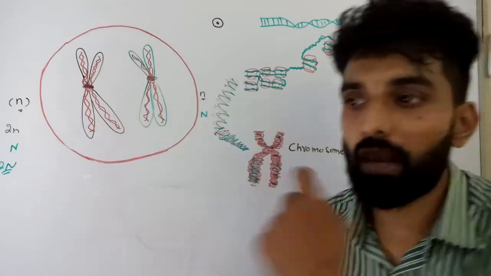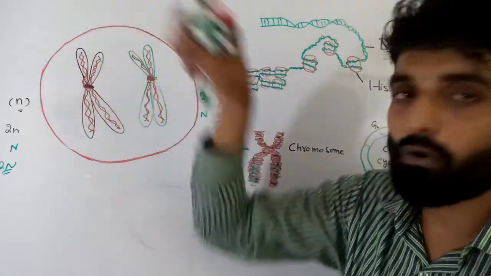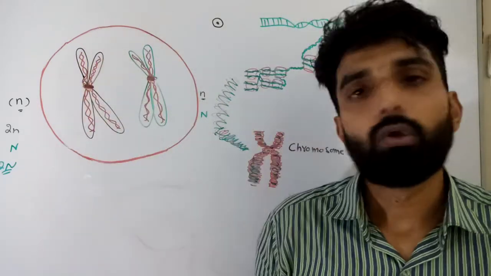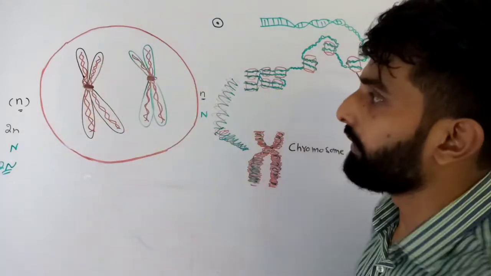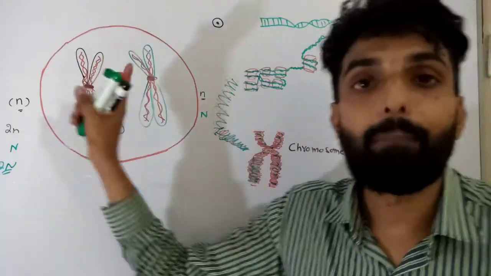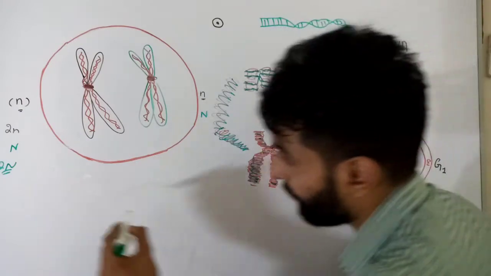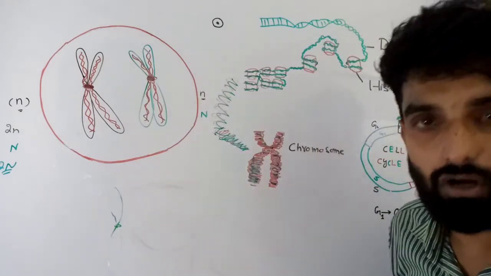No. The number of chromosomes is defined by the number of centromeres. As they are attached on the same centromere, we cannot say that there are two chromosomes. Centromere is one, so we will say that this is one chromosome, but this one chromosome is double structured. The initial chromosome was also a single chromosome, but it was a single structured chromosome.